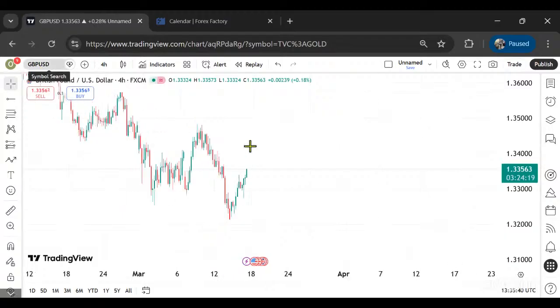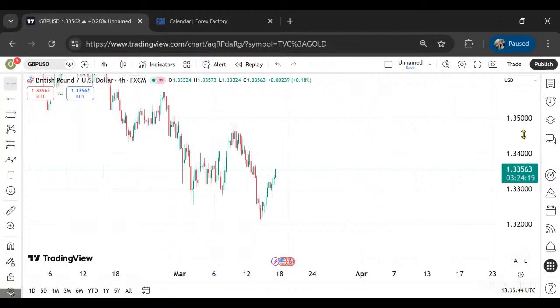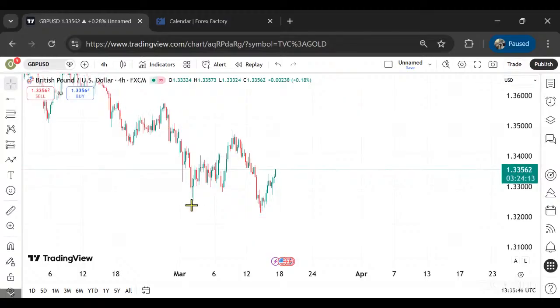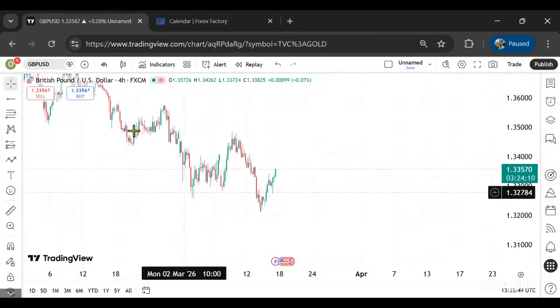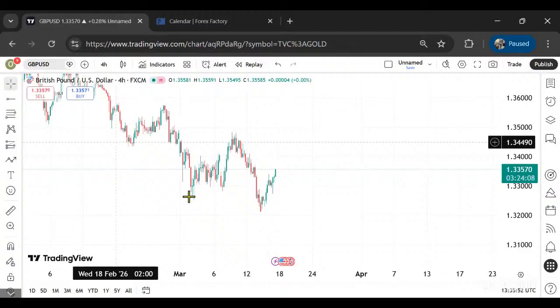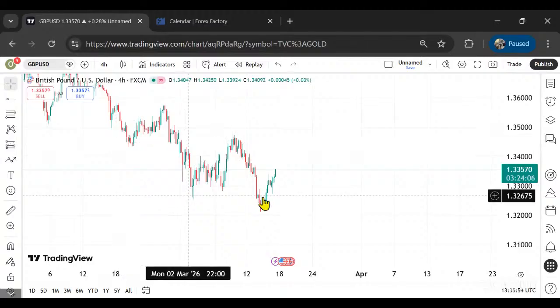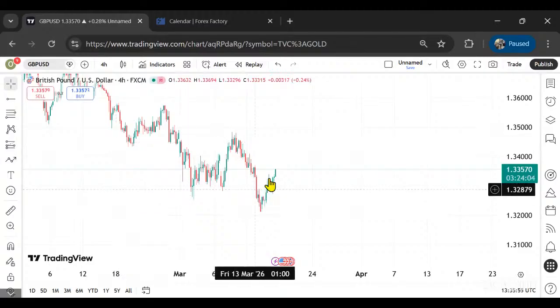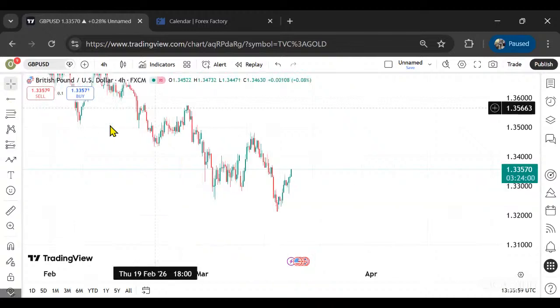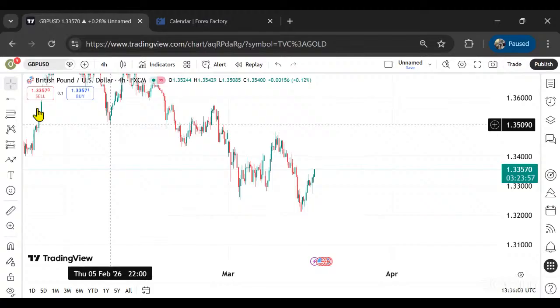GBP USD, as you can see, is an obvious downtrend: lower low, lower high, lower low. Now I'm expecting the market to come back to this level here.